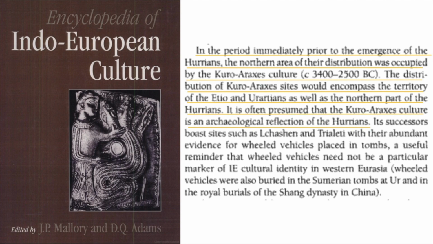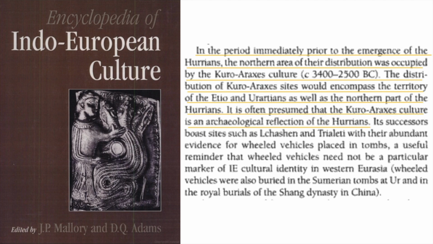It is often presumed that the core Araxes culture is an archaeological reflection of the Hurrians, and that's from the Encyclopedia of Indo-European Culture. So we see a connection with core Araxes, with Hurrians, Hurro-Urartians, and Urartians.